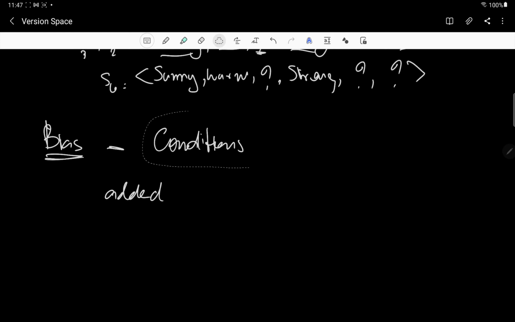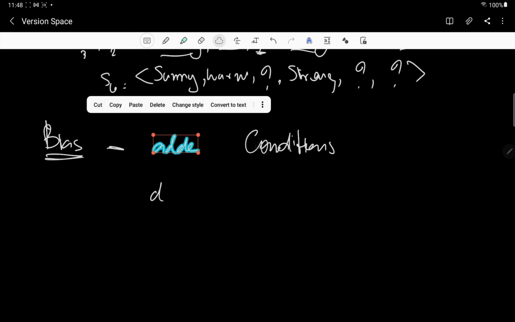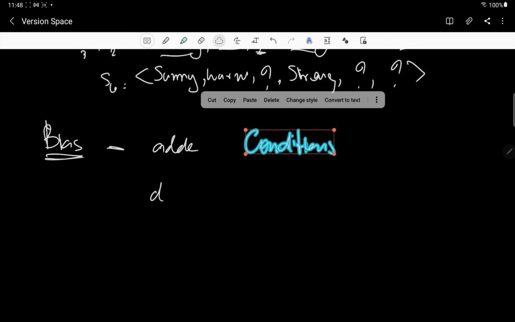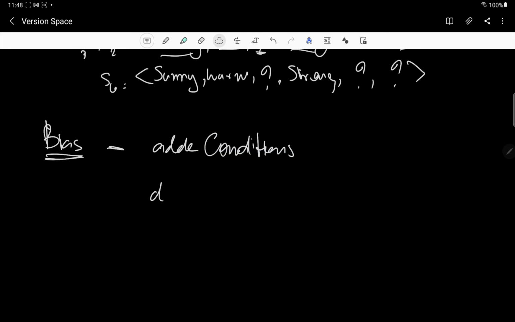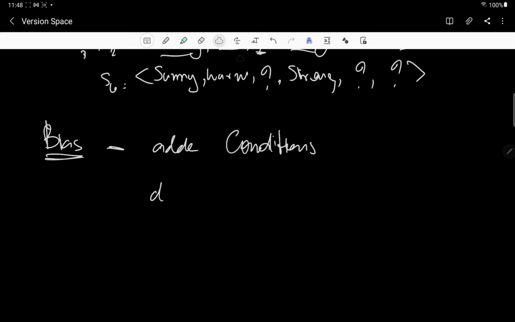Sorry. The bias is the added conditions that try to make the learning algorithm able to learn.